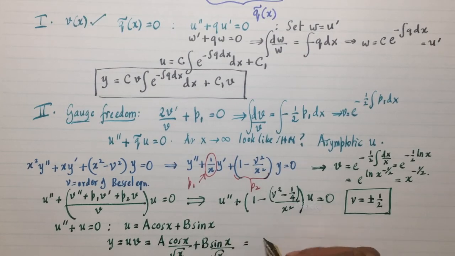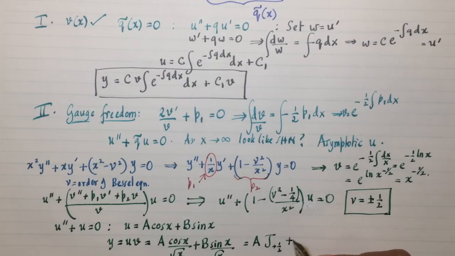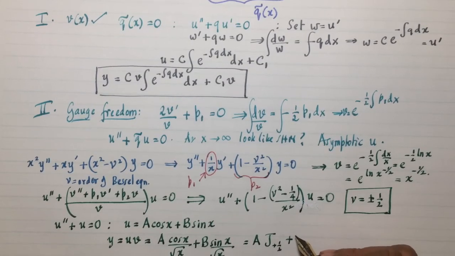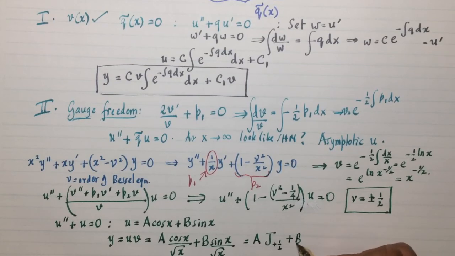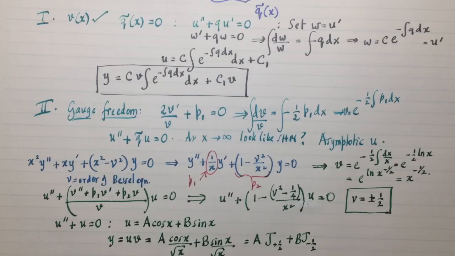These are known as J plus half and J minus half, where J is the Bessel function. So we have somehow stumbled into the first solution for Bessel's equation.